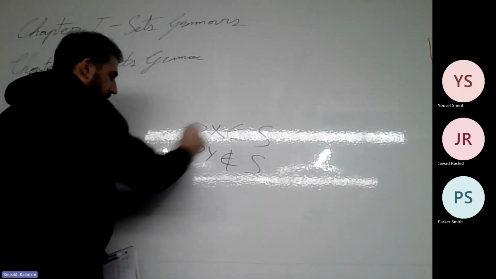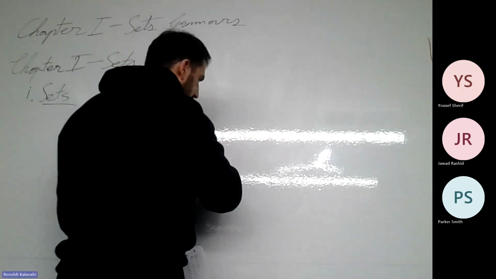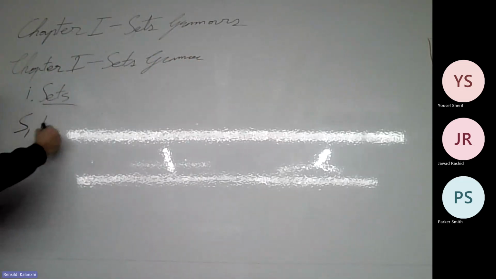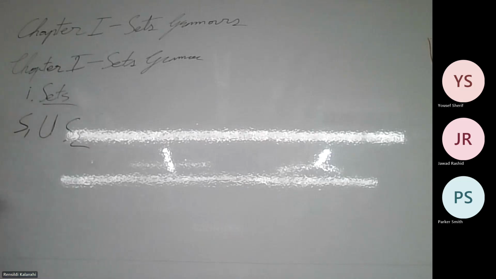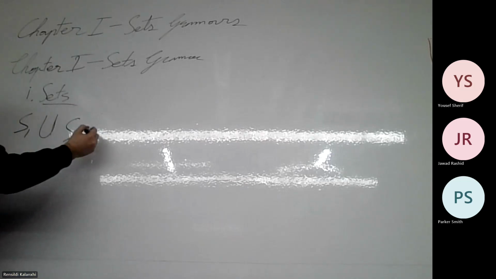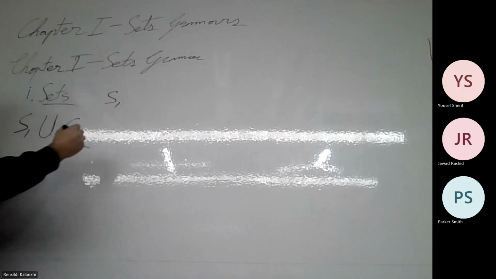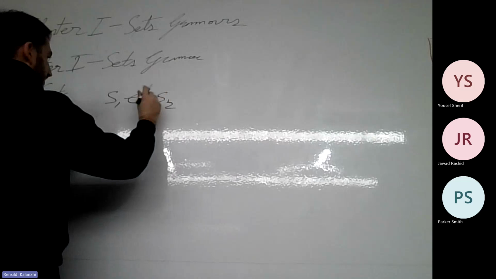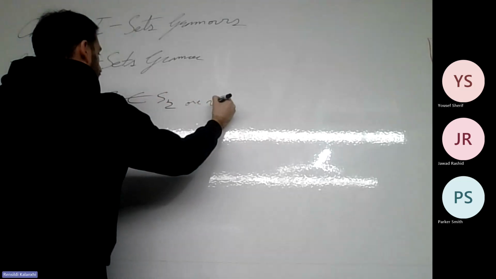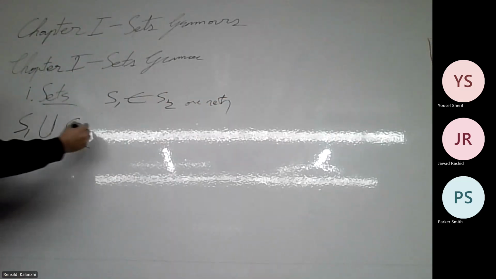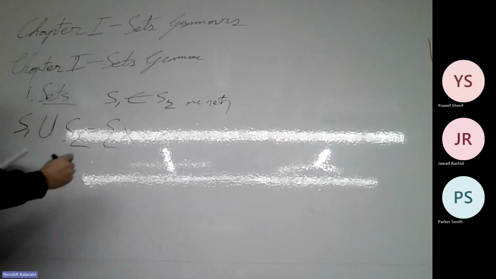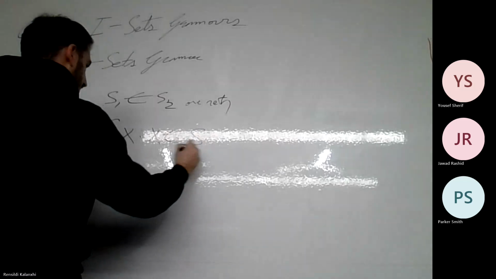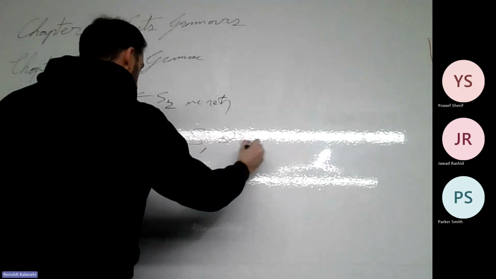I think this is important even for chapter 2 or 3, I believe, when union is included. So S1 union S2, well, if S1 and S2 are sets first, how else we can write this is by saying X is an element of S1 or S2.